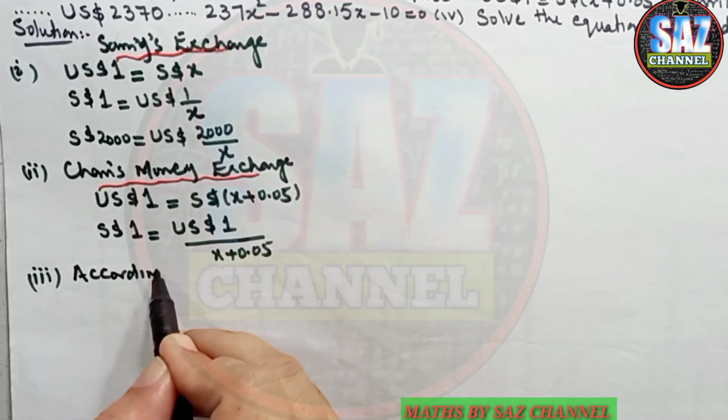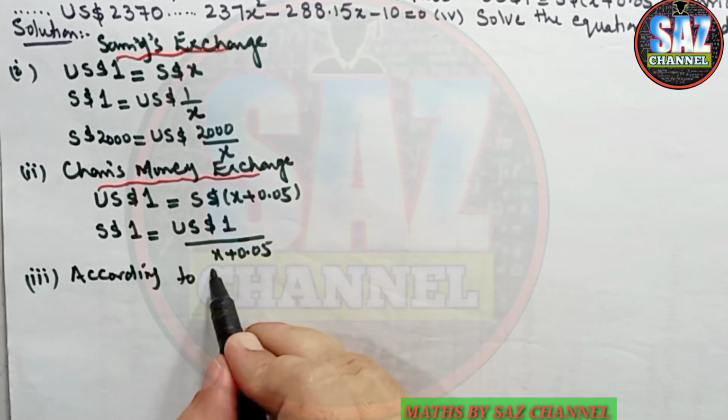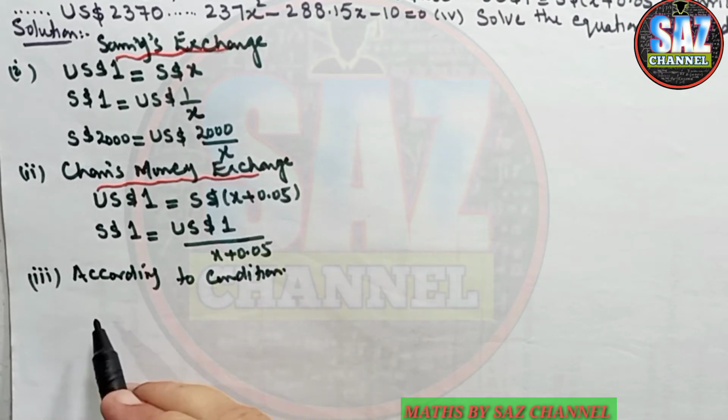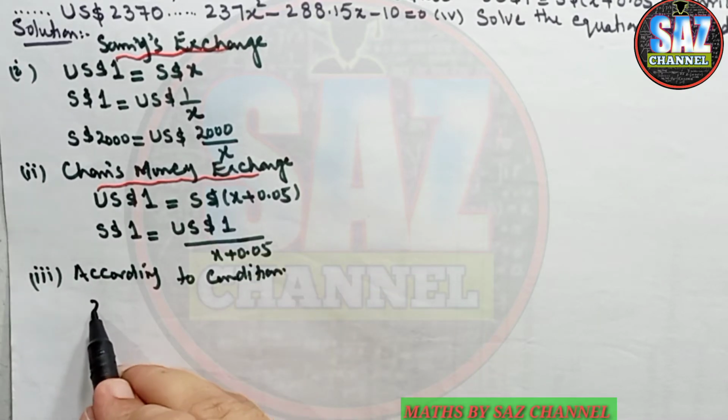According to condition, the equation will take the form 2000 upon x.